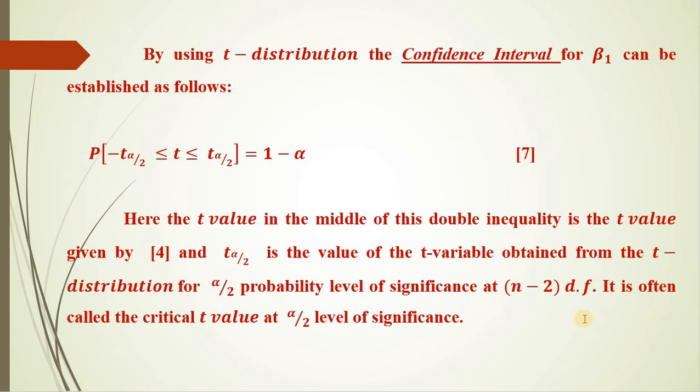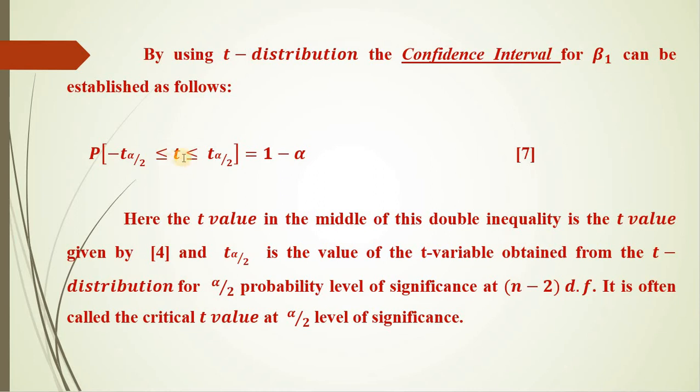Now we have to build a confidence interval for beta 1. By using the t distribution, the confidence interval for beta 1 can be constructed like this. The probability that t lies between minus t alpha by 2 and t alpha by 2 is equal to 1 minus alpha.